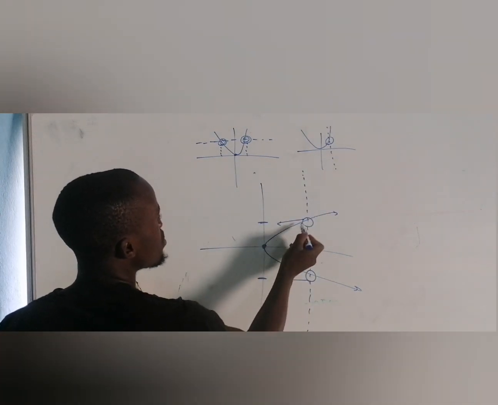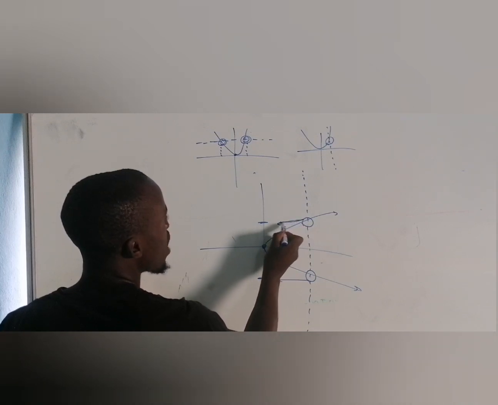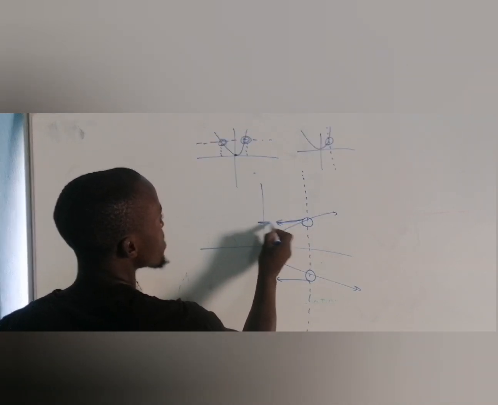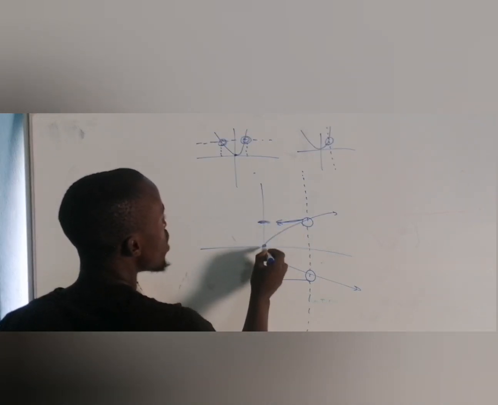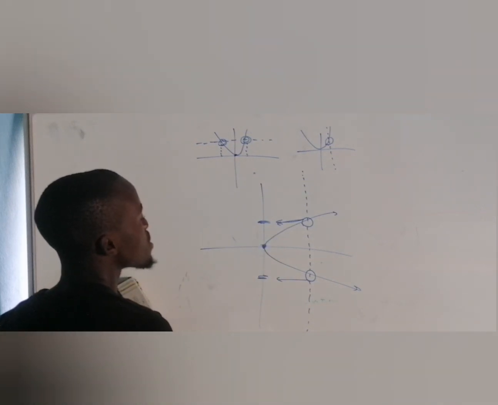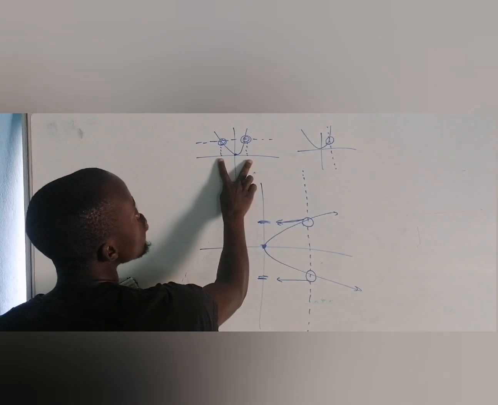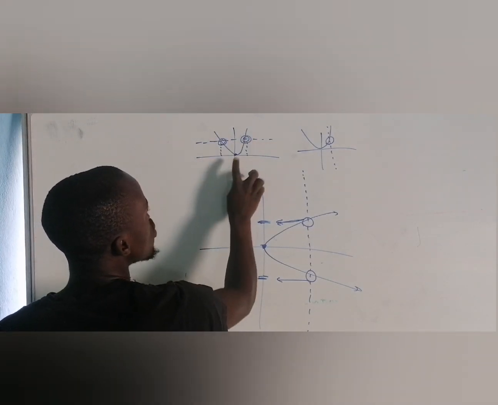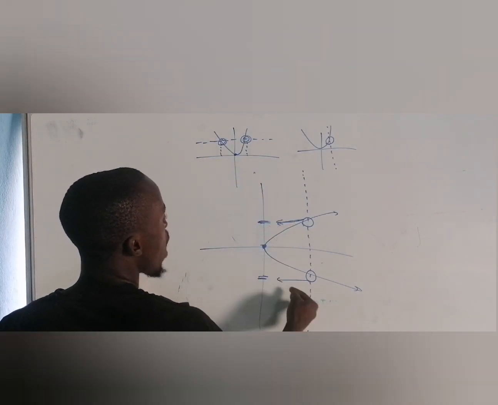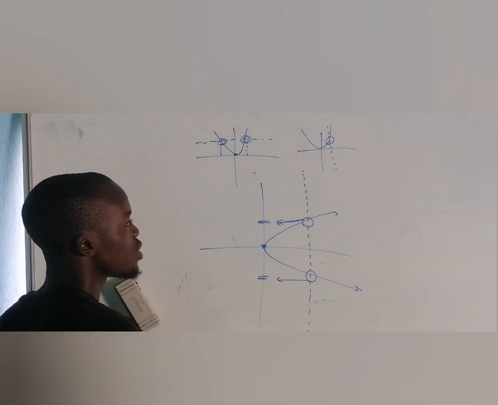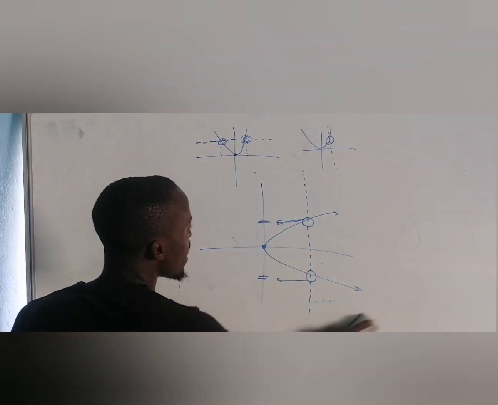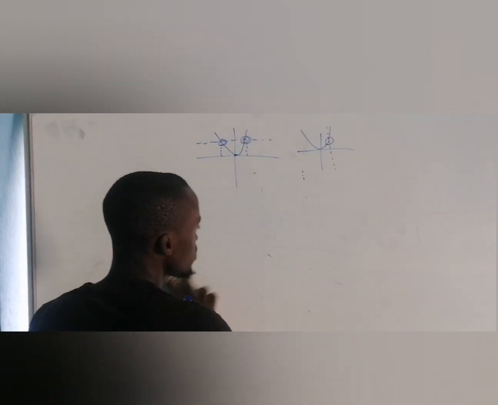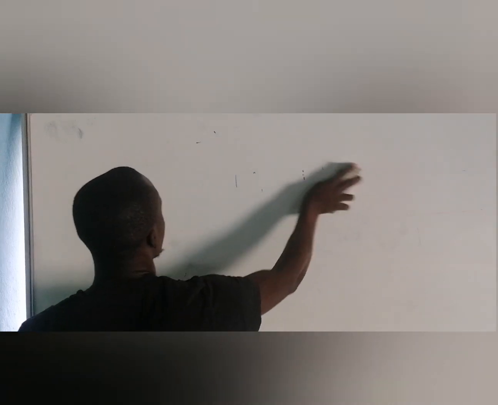Because the graph represents two y values to a single x value, and it becomes a relation. For a function, we must have two x values to a single y value, not two y values to a single x value. I don't know if you understand that. So it is called a relation.